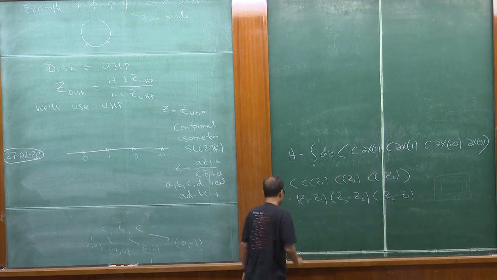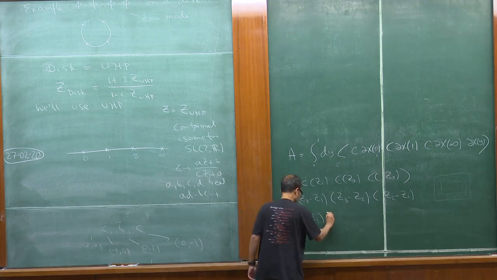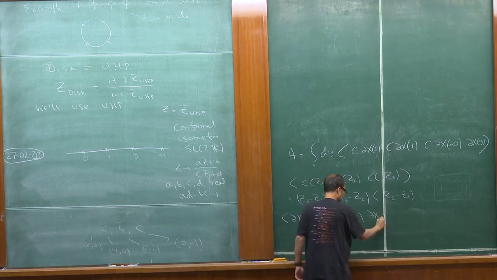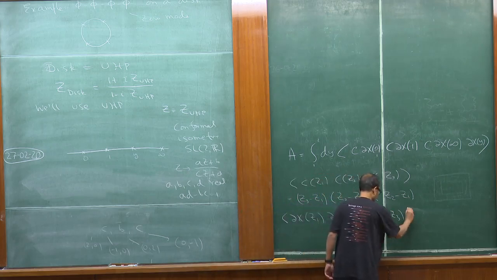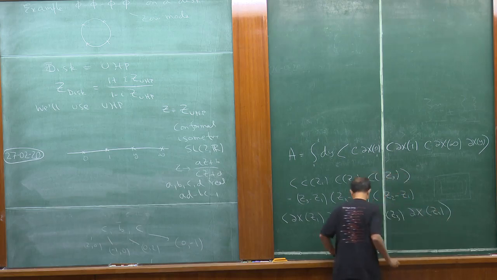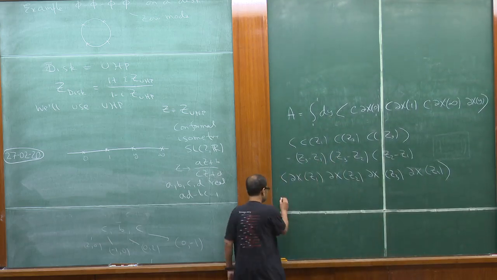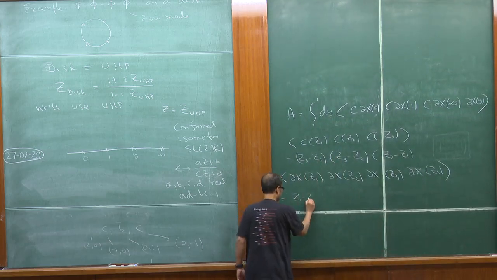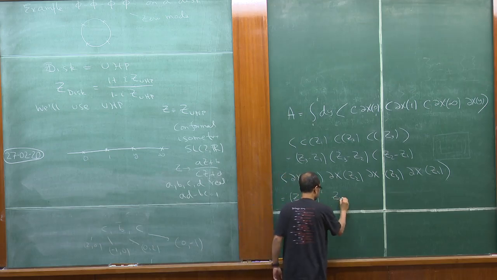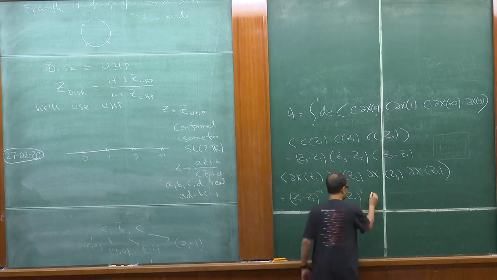Okay. And this correlation function is basically Z1 minus Z2 to the -2, Z3 minus Z4 to the -2 plus permutations.